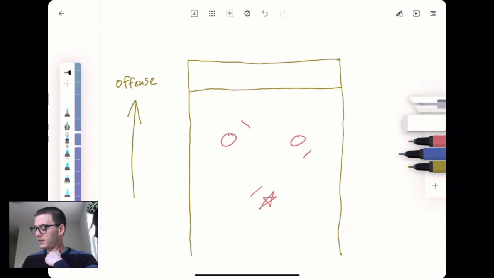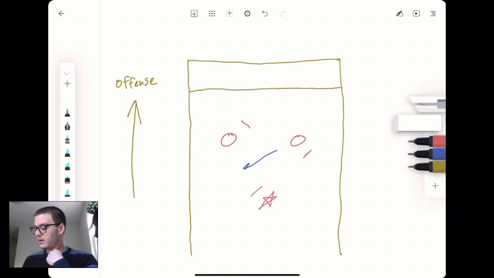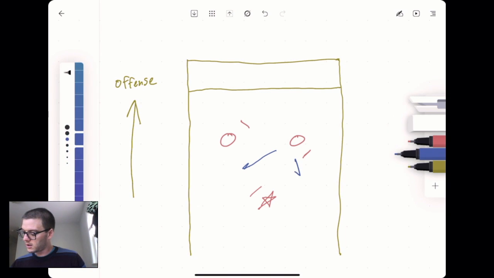So here, okay, this now seems more possible for sure. But that's sort of assuming that the defender is sort of on this side of them, which means I think the in cut is a little less viable. This cut is less viable because of this defender.